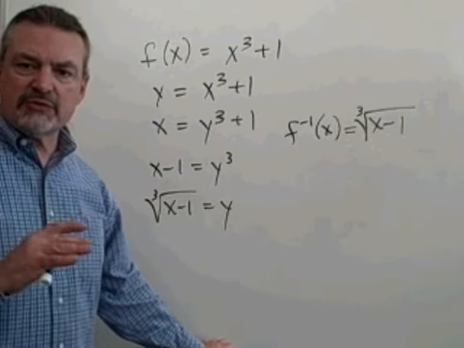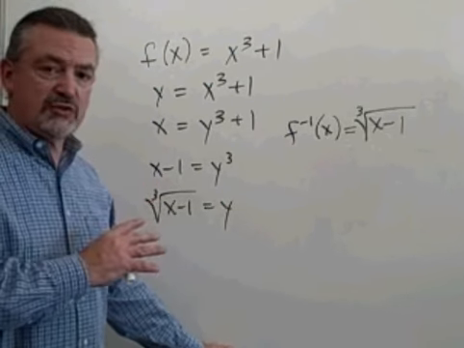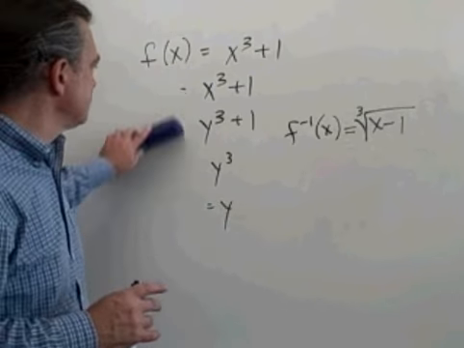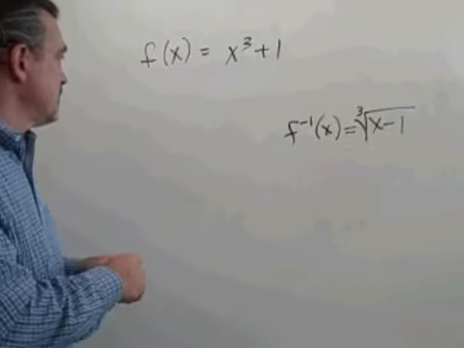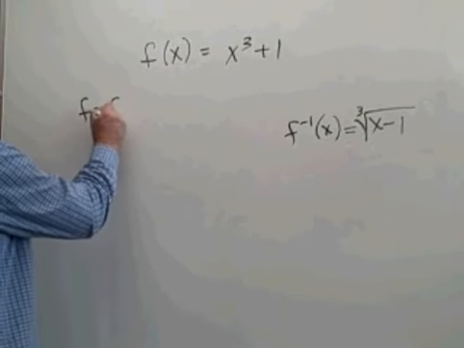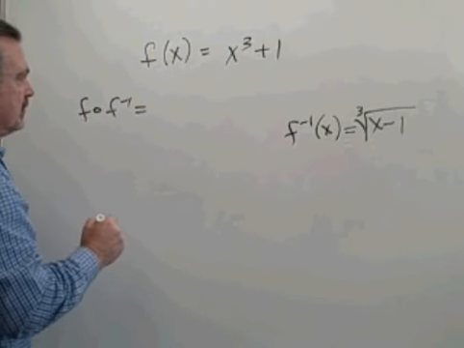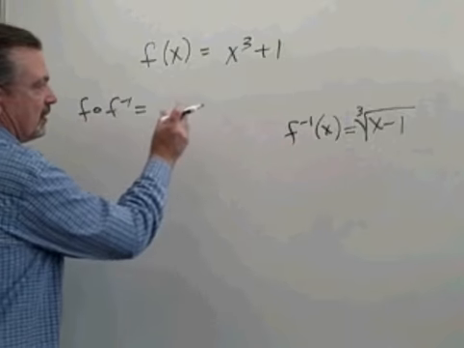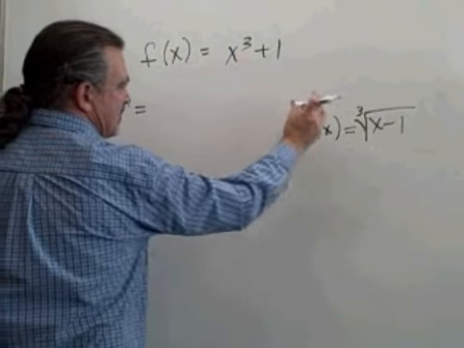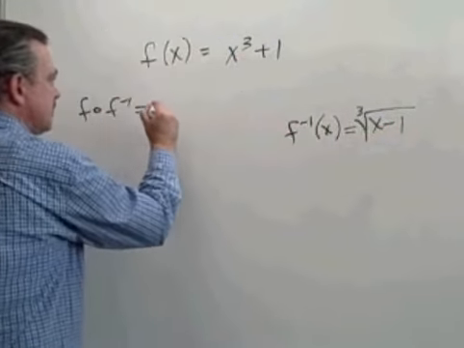Let's quickly run through proving that these two indeed are inverse functions. So f composed with f inverse, where every place there's an x, I'm going to replace it with that entire expression.